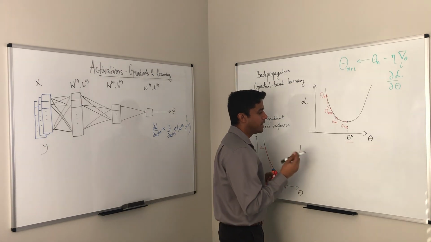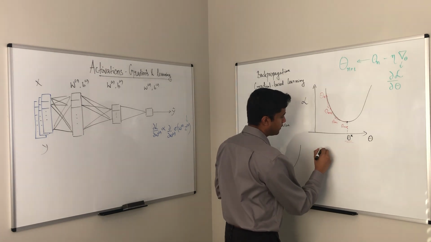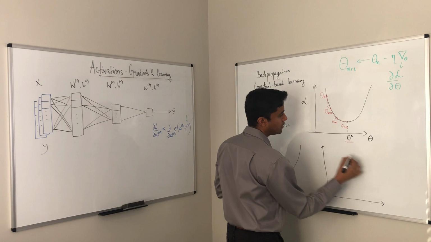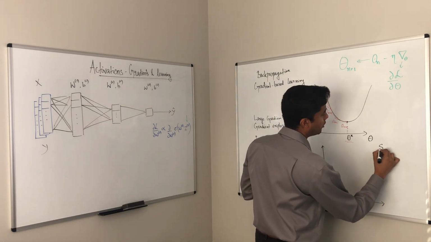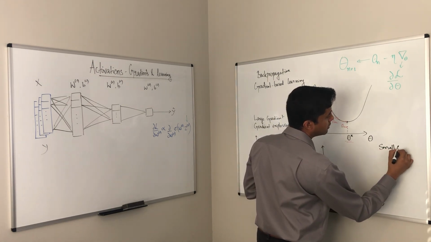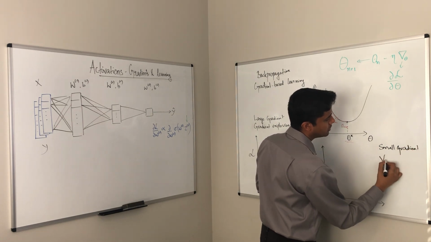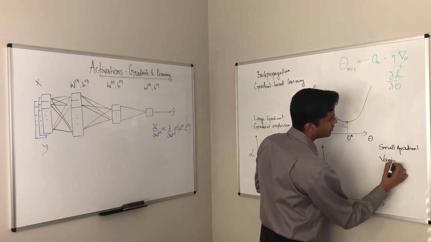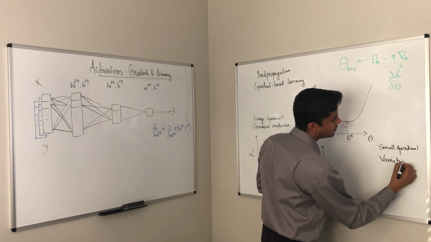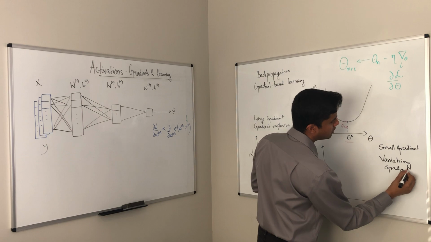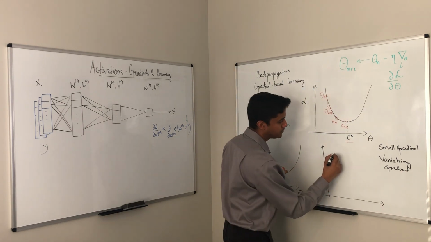In another scenario, when I have a small gradient, which is the vanishing gradient issue.